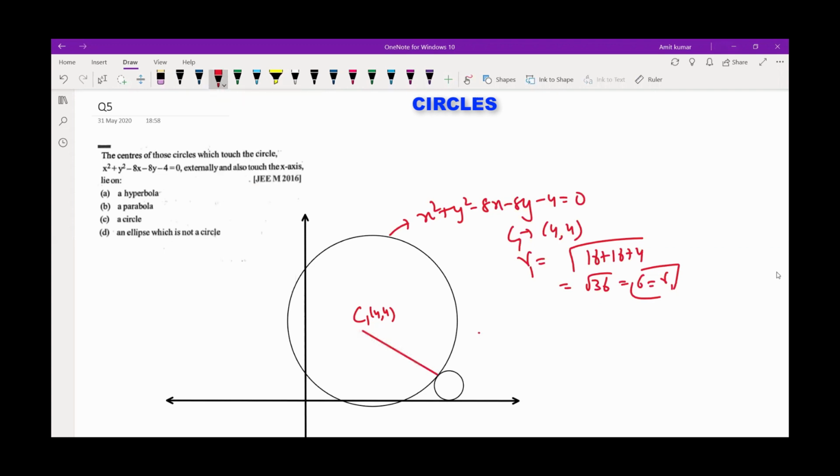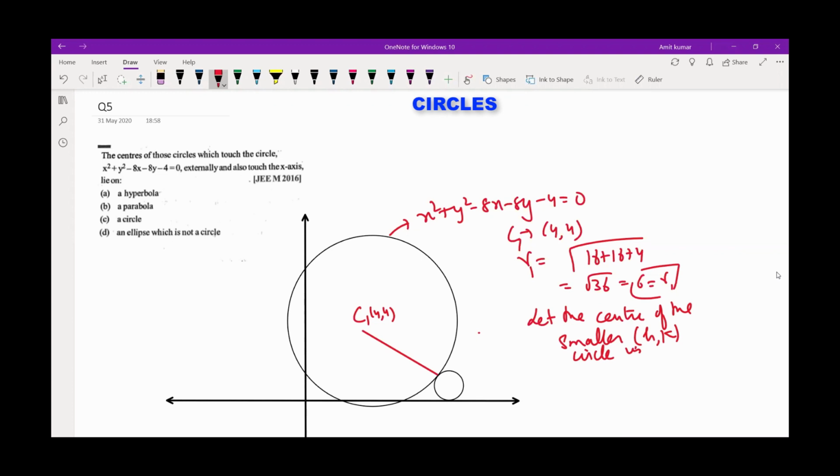Now we have to find the locus of the center of the smaller circle. Let the center of the smaller circle be (H, K).